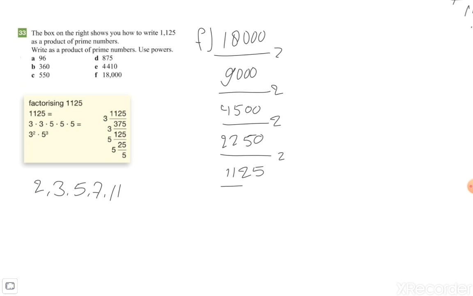11,250. It ends here with 5, so of course you can look if you can divide it by 3, and if you see that it is an answer, you can start with 3, of course, because that's 375. And 375, we can even divide that number by 3, because that's 125.